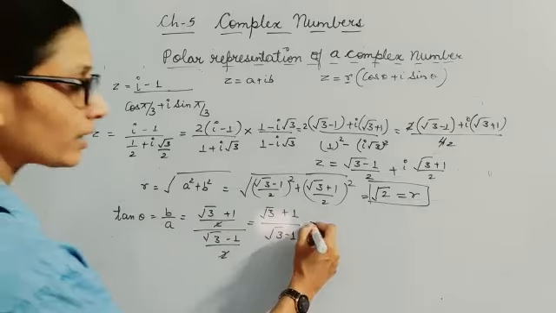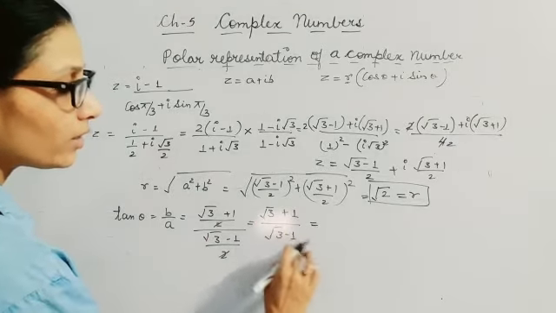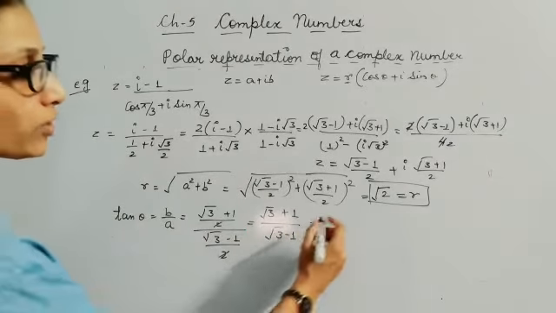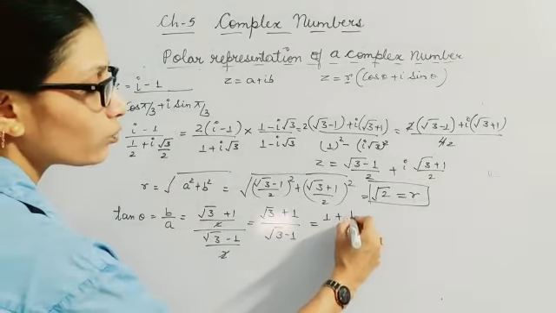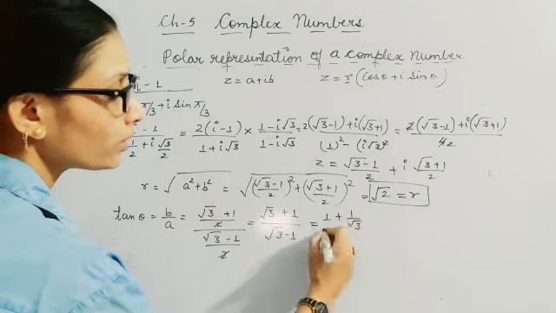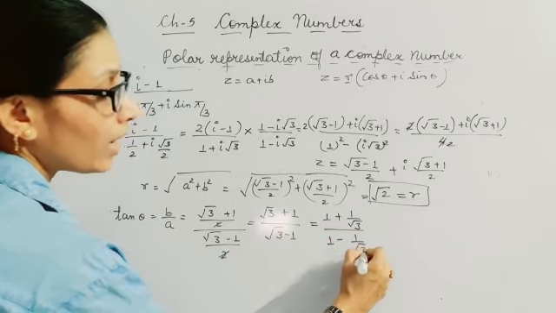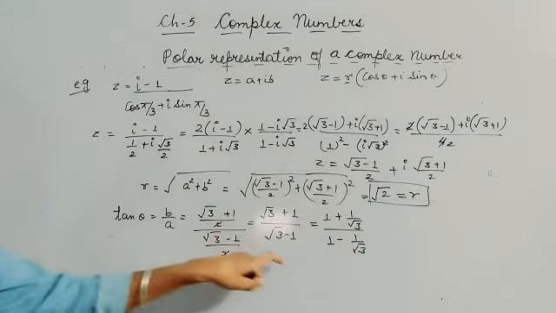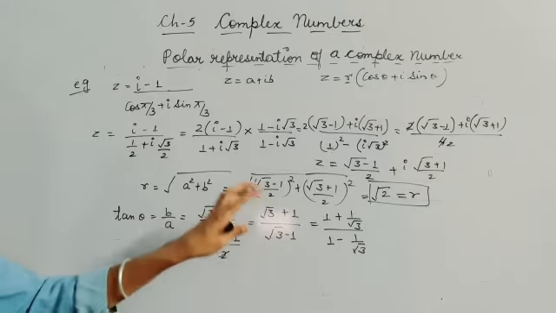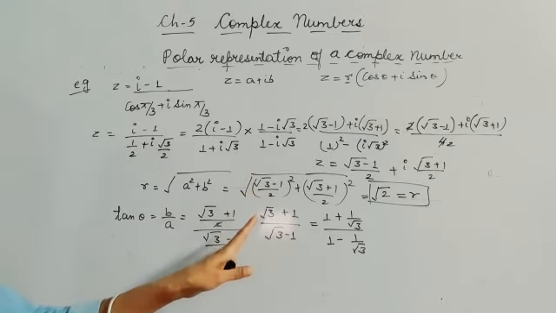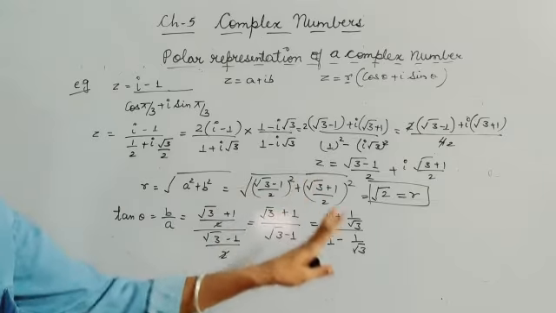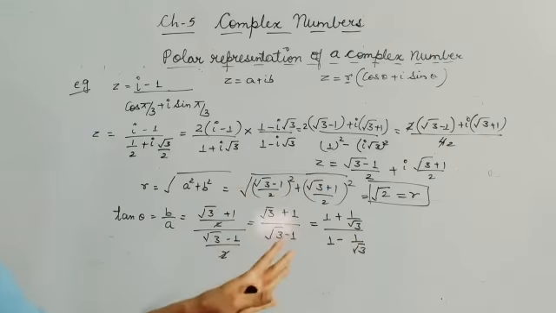For that, I will divide all the terms by root 3. So I will get 1 plus 1 by root 3 upon 1 minus 1 by root 3. I am not getting this value in my trigonometry table. That's why I am converting into tan a plus b form.